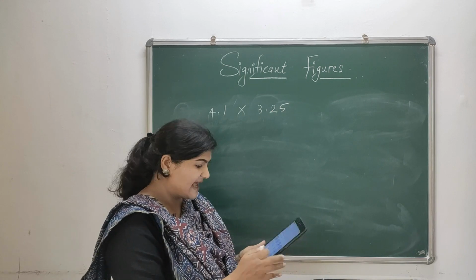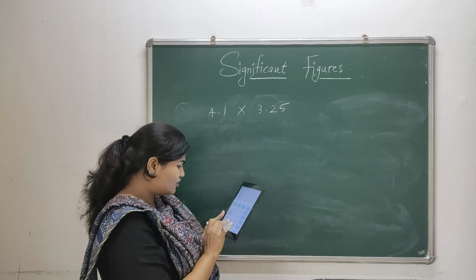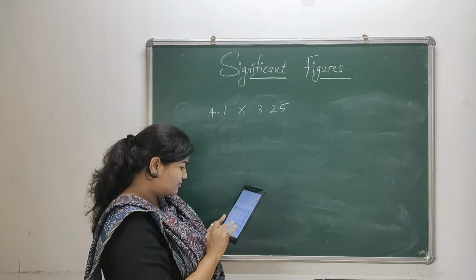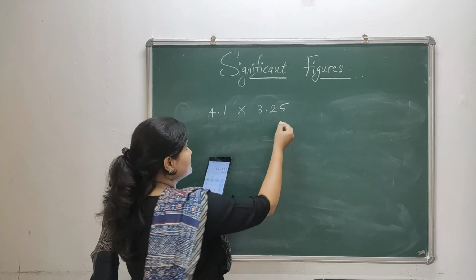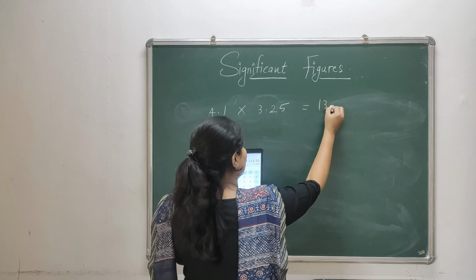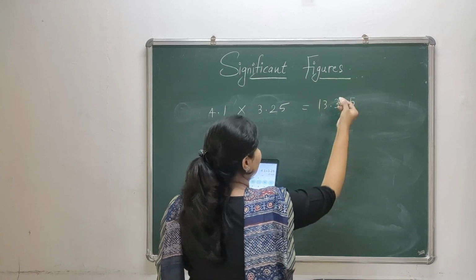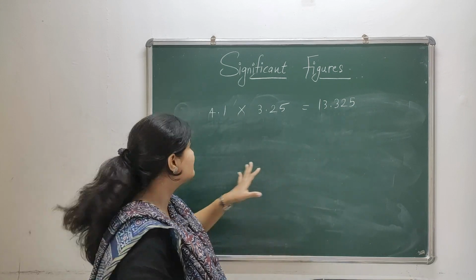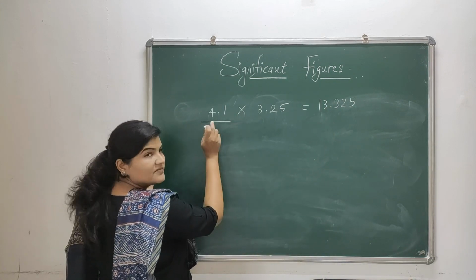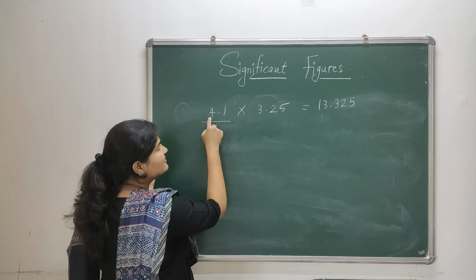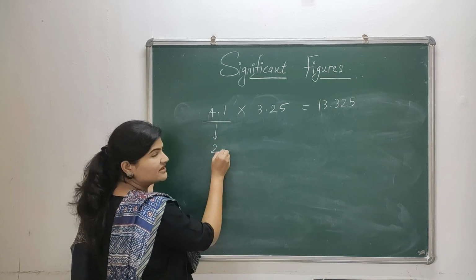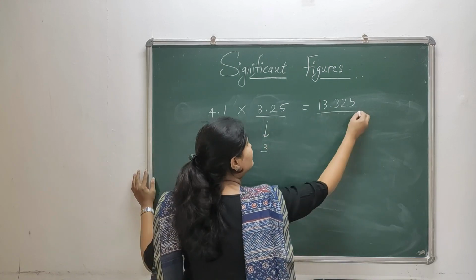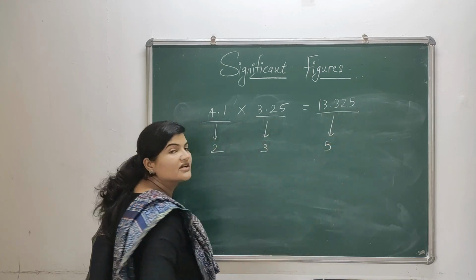I will just use a calculator and do 4.1 into 3.25. My answer comes to 13.325. Now look at the numbers given here. This particular number has how many significant figures? 2 significant figures. This number has 3 significant figures and this number has 5 significant figures.